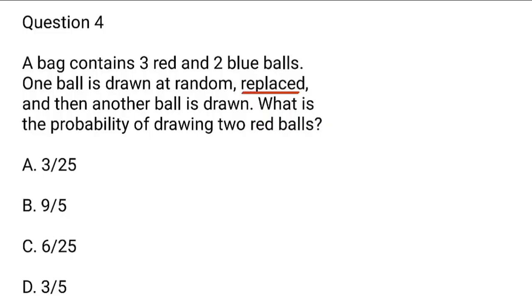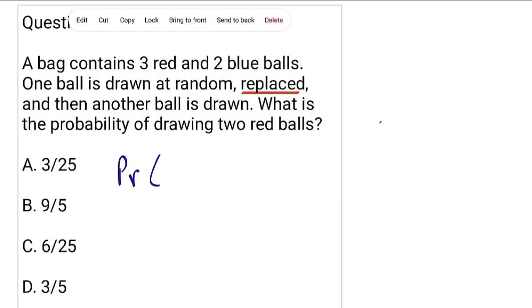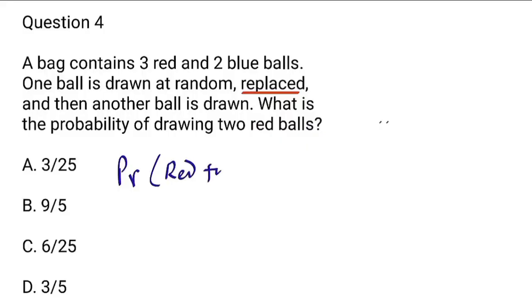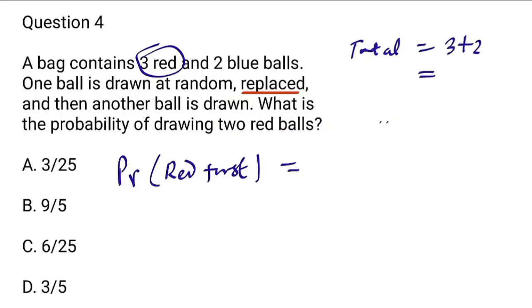Let's first look at the total. The total number of balls is 3 plus 2, which gives us 5. Now we have the total number of red balls to be 3, so the probability of drawing red first is 3 over 5.